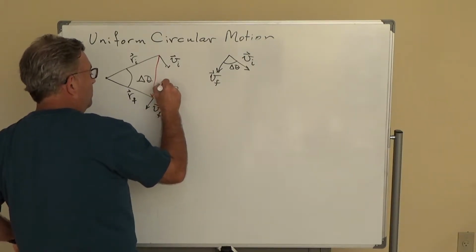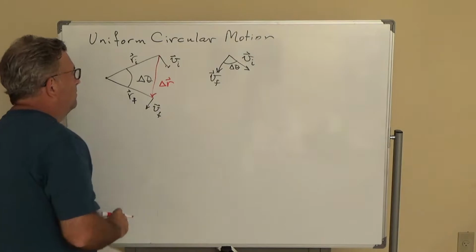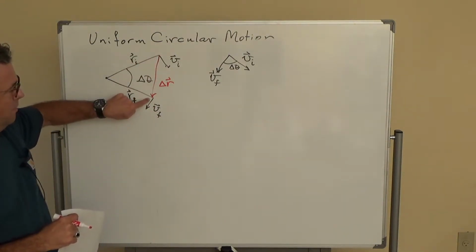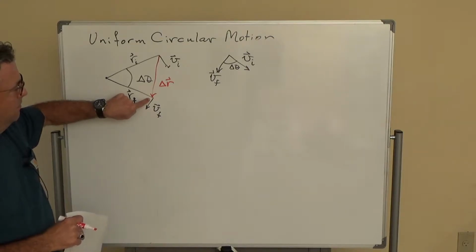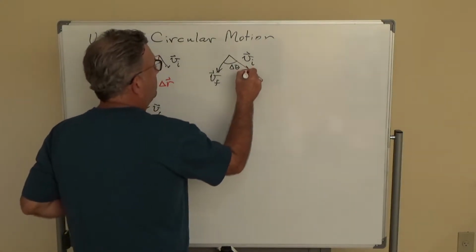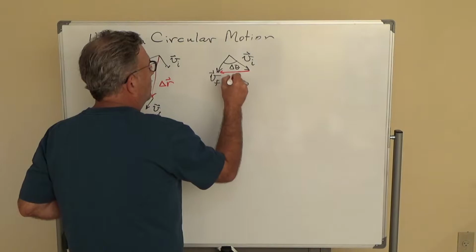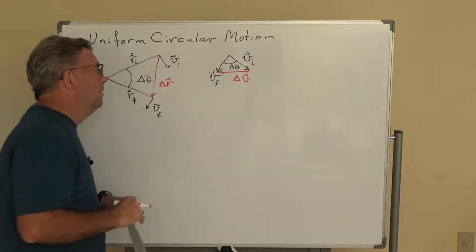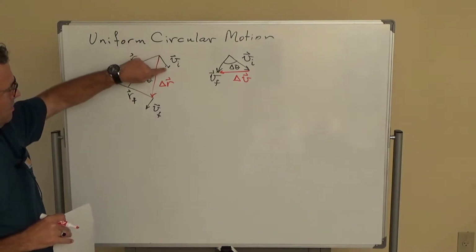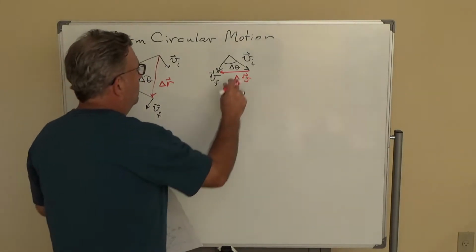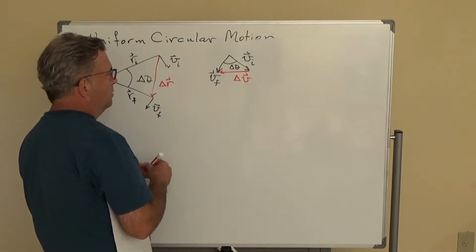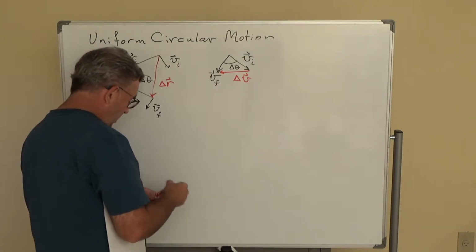Okay, that's delta r. All right, that's from that initial position to the final position. This is delta v. I'm not going to draw it on here, but that's delta v. That's the difference between v final and v initial.